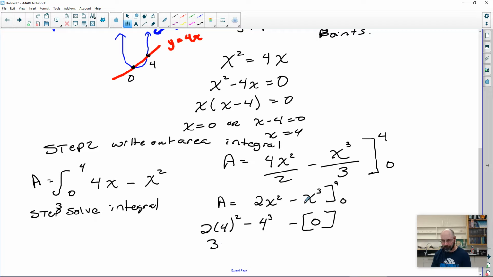Oops, forgot to put the cube here, and the 3 underneath it. We better make sure we do that, right? So this would be 32 minus 64 over 3. Okay, and then we get 32 over 3 square units.